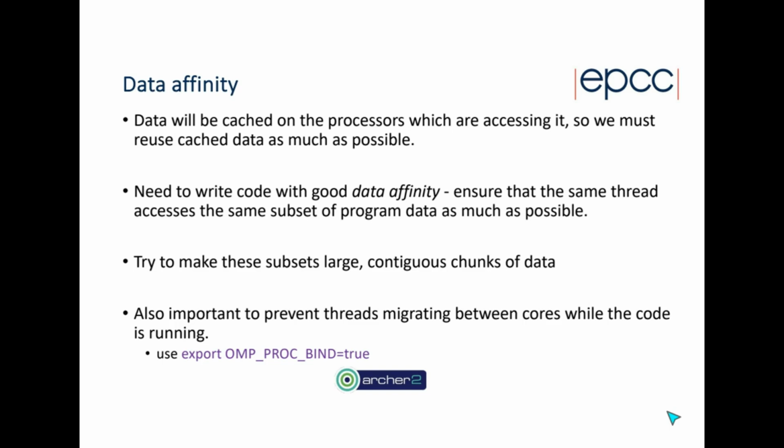I'll talk a bit more about affinity in the context of main memory in a minute, which is another issue. But really, here I'm largely talking about caching rather than locations in main memory and NUMA systems.